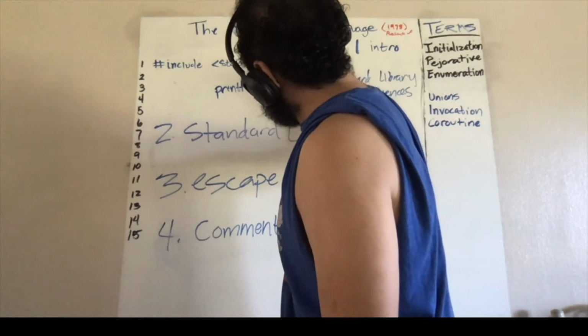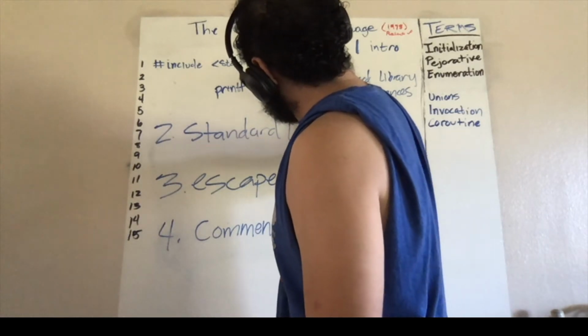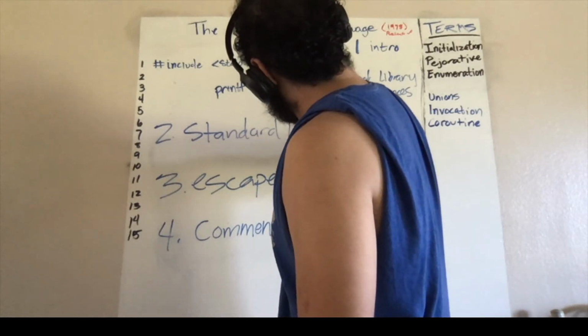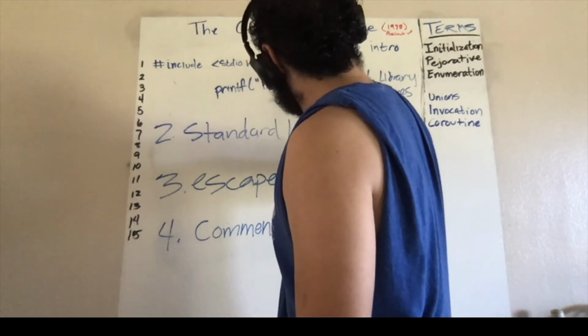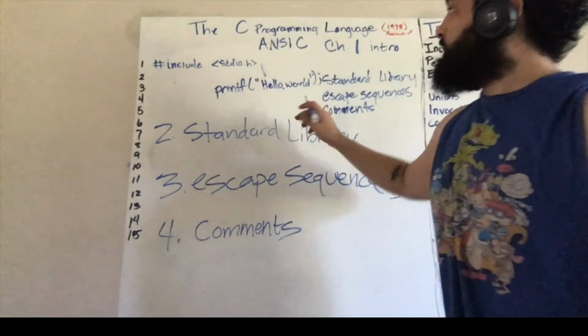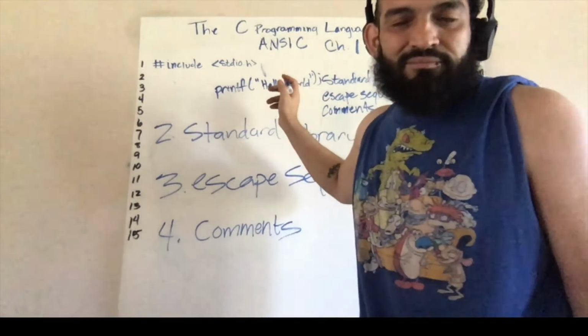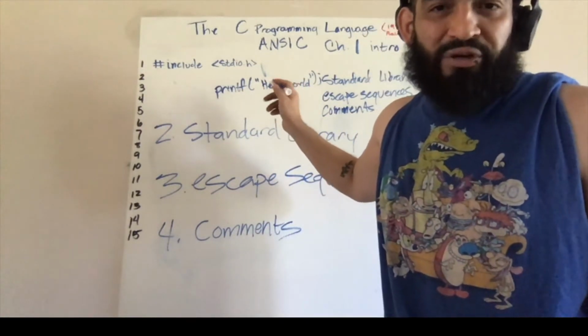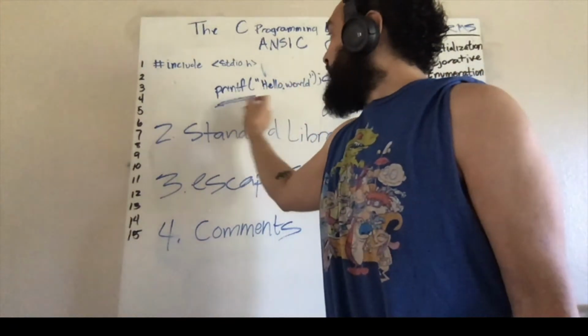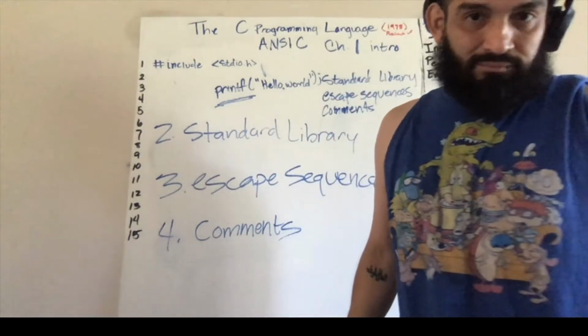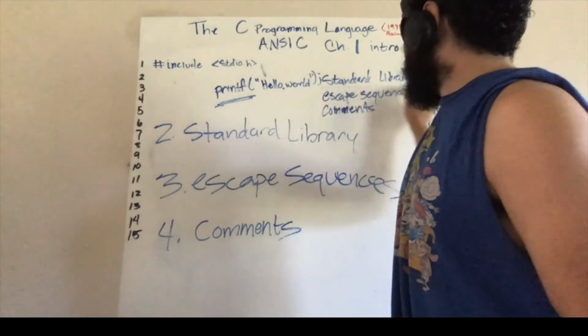Let's capitalize that, Hello World, and that's a comma. That's basically what it looks like, a Hello World program. I'm trying to show you this right here, printf. That comes from the standard library.